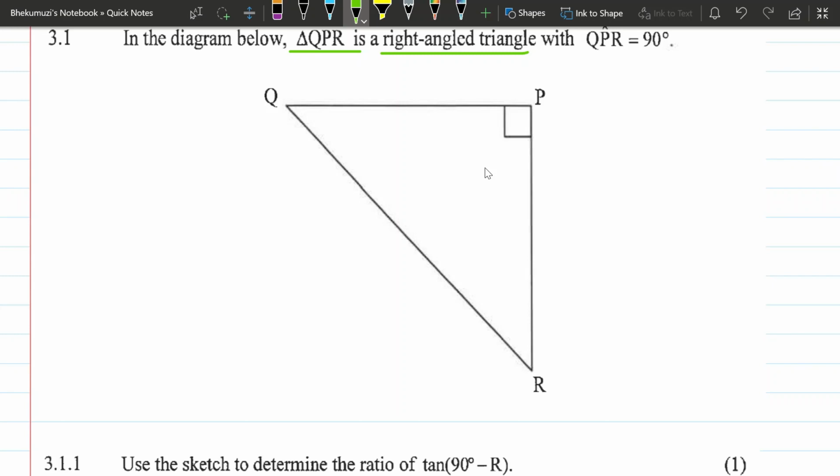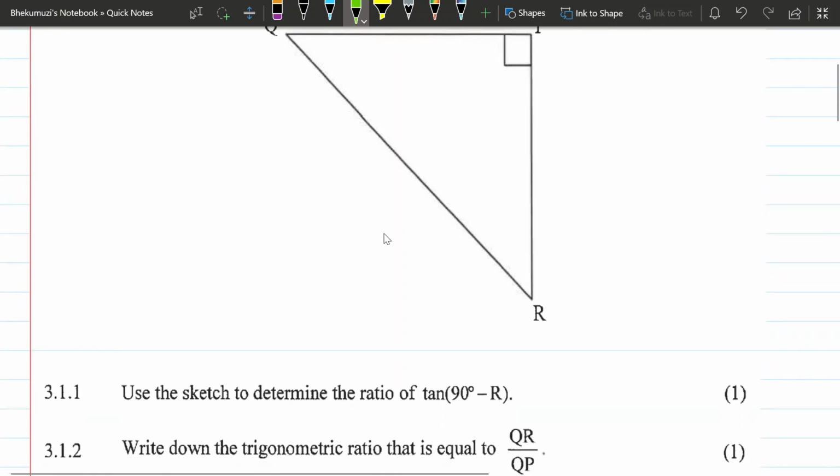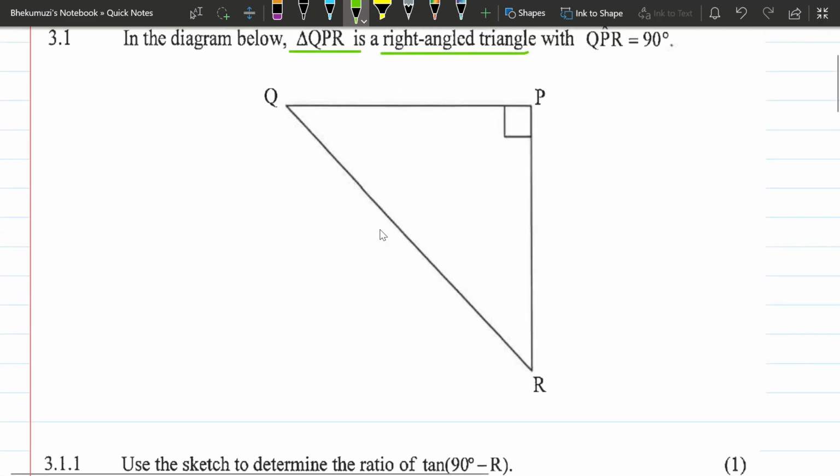The first question there, at the bottom, 3.1.1, says use the sketch to determine the ratio of tan (90 degrees minus R). Now, if you look at this particular right angle triangle, QPR, notice that P is 90 degrees.